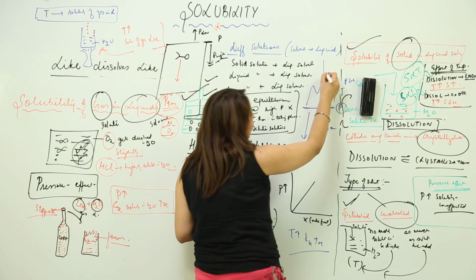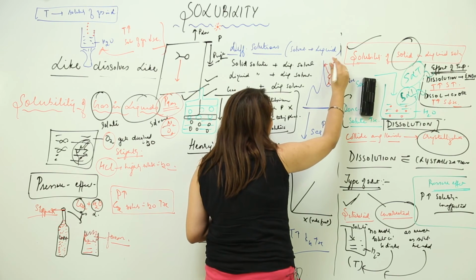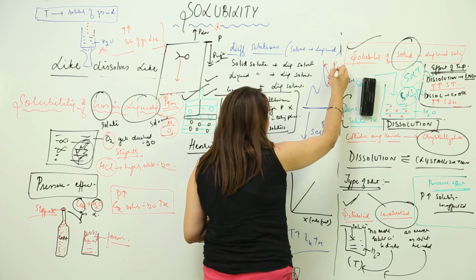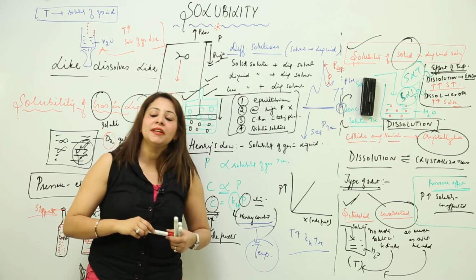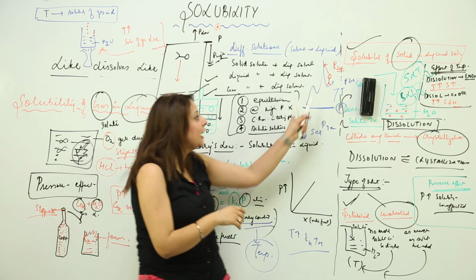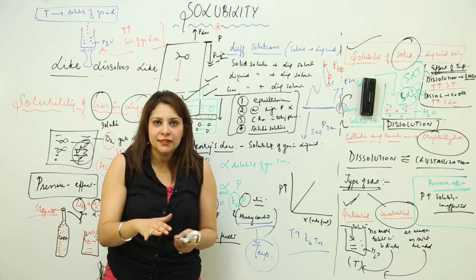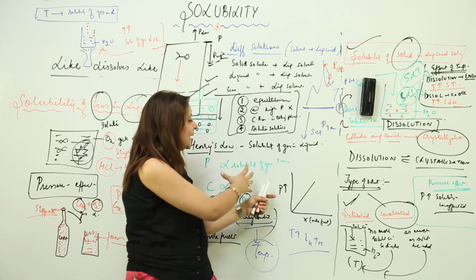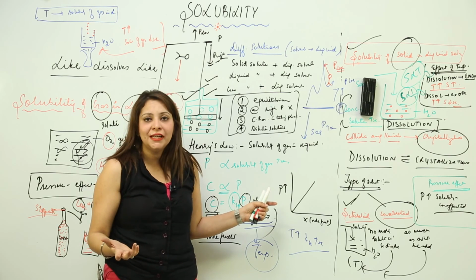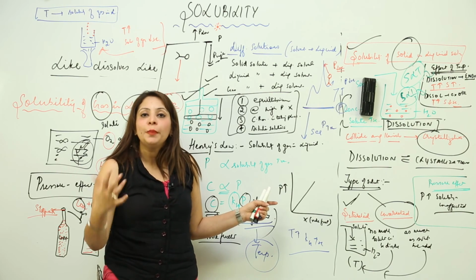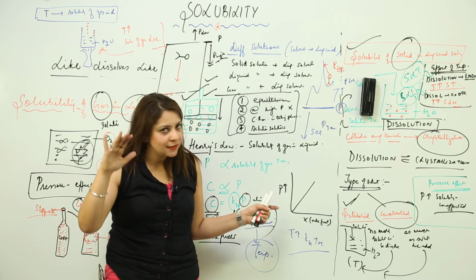When the climber is going up, the pressure is decreasing. Pressure decreasing means the solubility of gas is decreasing, because when the pressure decreases, the solubility is affected in the same way.